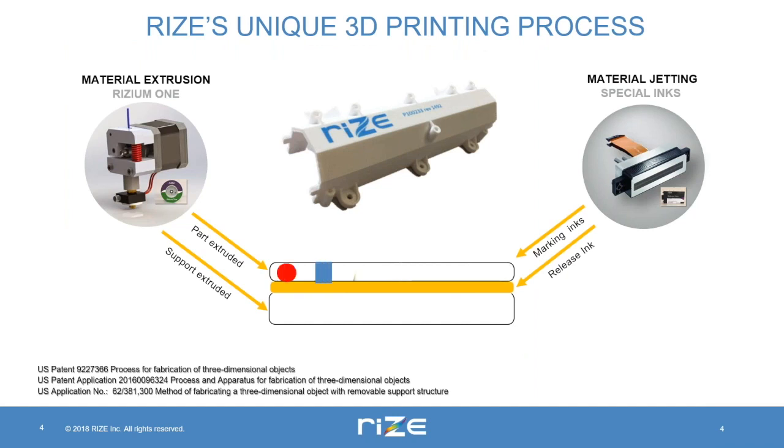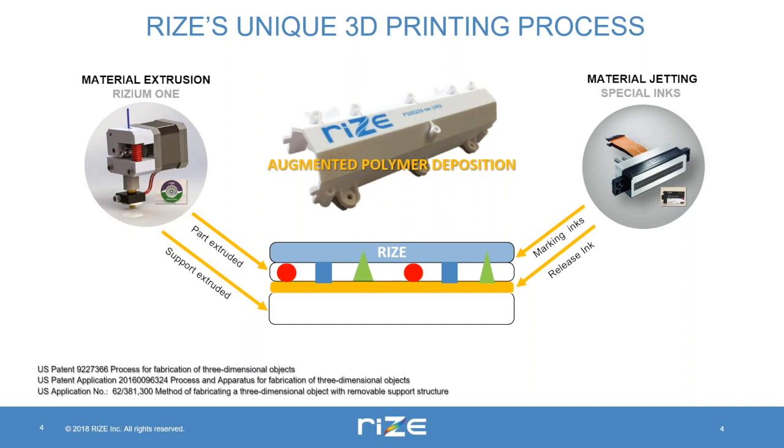So now we'll look at some of the features of RISE's technology that make it particularly effective for this application. The primary technology that RISE uses that separates us is called augmented polymer deposition, which is a patented technology where we are combining a thermoplastic extrusion nozzle with the type of print heads you would find with a 2D printer.